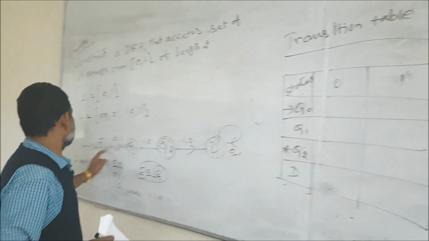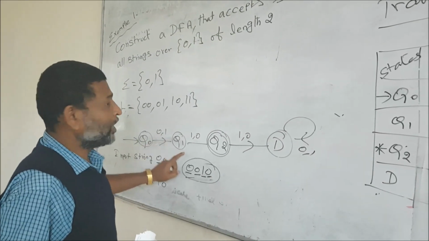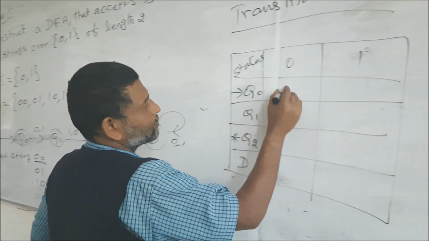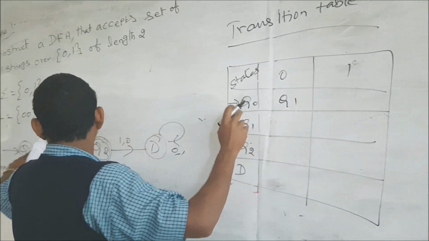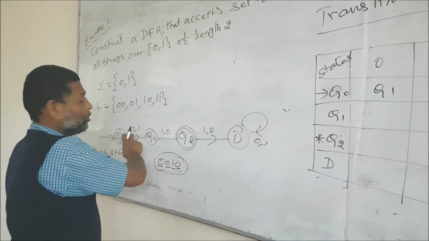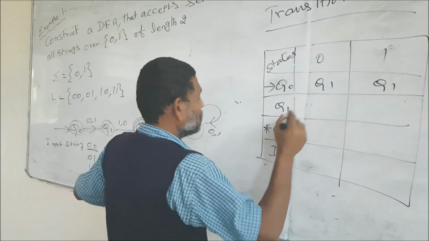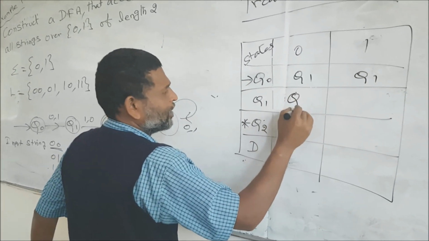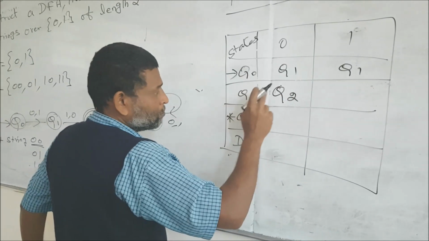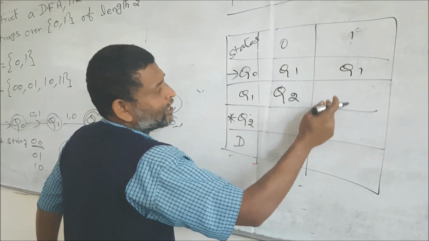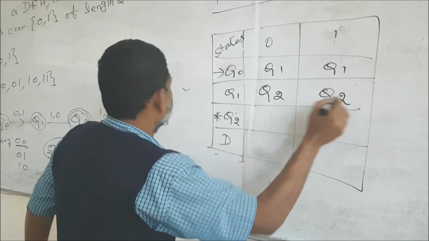From Q0, 0 is read and it reaches Q1. From Q0, 1 is read and it reaches Q1. From Q1, 0 is read and it reaches Q2. From Q1, 1 is read and it reaches Q2.